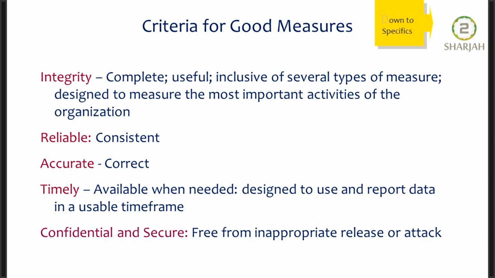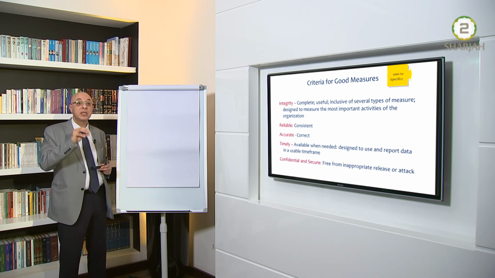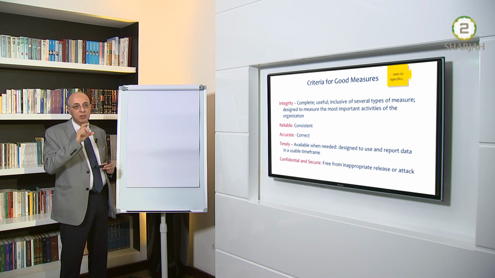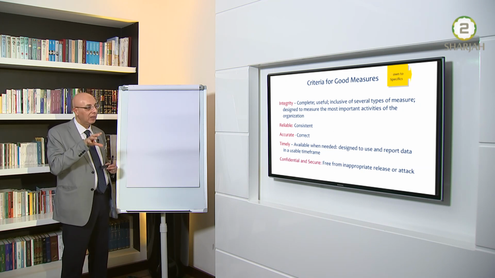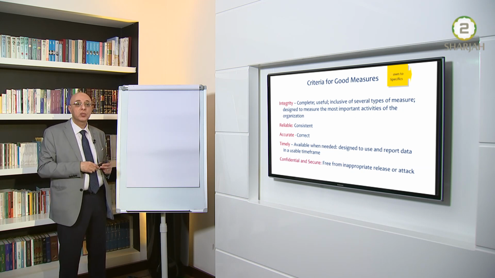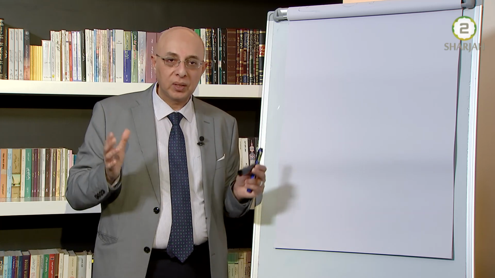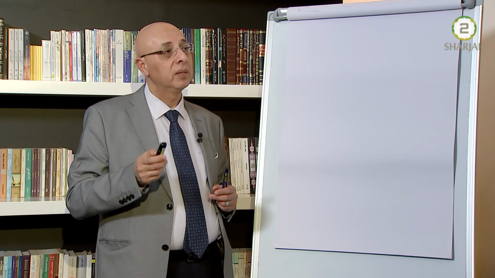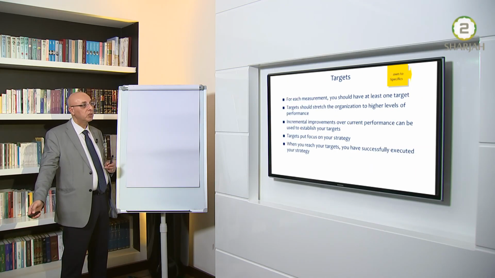But also the measure should be reliable, consistent with what we present, accurate, correct, precise, and timely, which means present the timeline and available when needed to move and to design, and confidential and secure, because we live in a market of competition. So confidentiality and security is a must for our measures. This is the criteria for good measures.